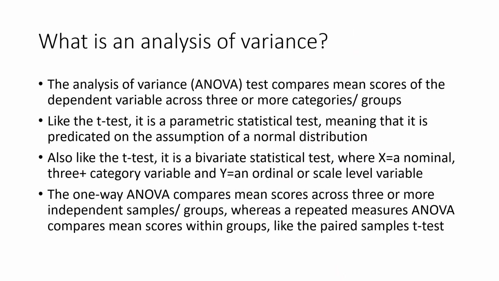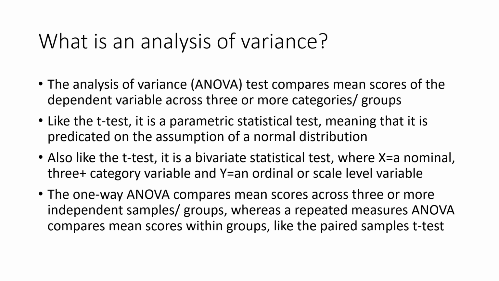Okay, so what is an analysis of variance? What is an ANOVA? We'll start with the most basic question, and then we'll move on to get a little bit deeper in terms of our response to this question.